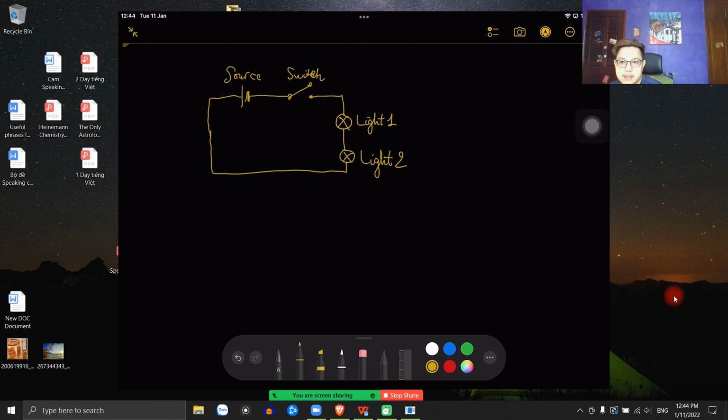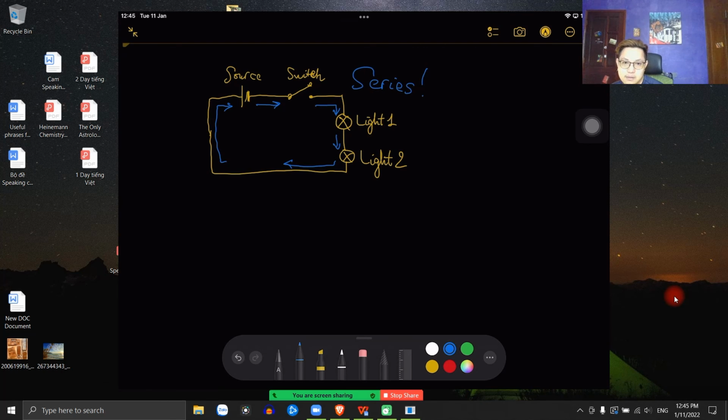Then if you turn on the switch, electric current will flow. The electrons will flow from this direction through both lights, right? And it goes back into the source, right? So it means that you can only turn on both lights if it's in series like this.